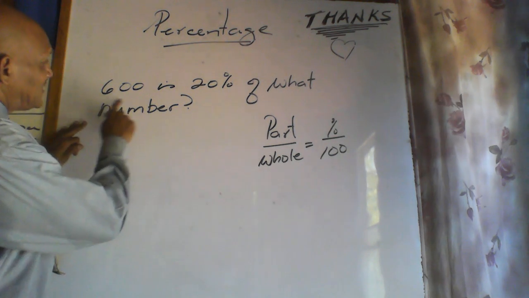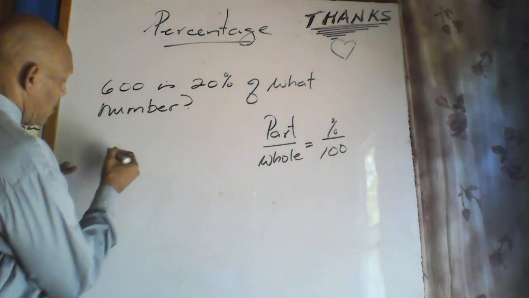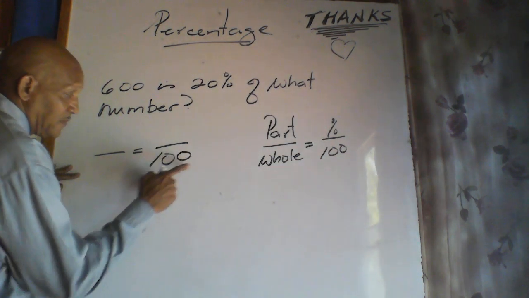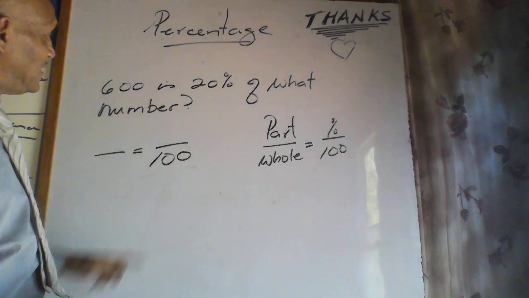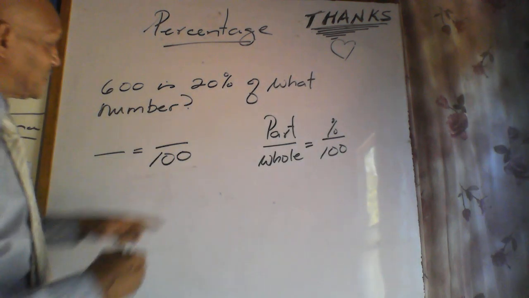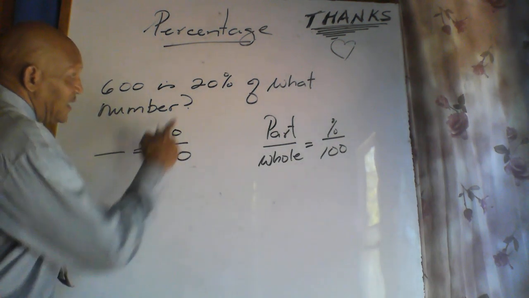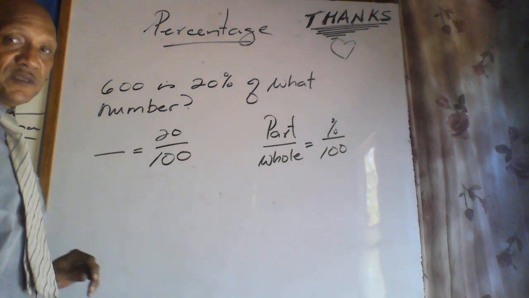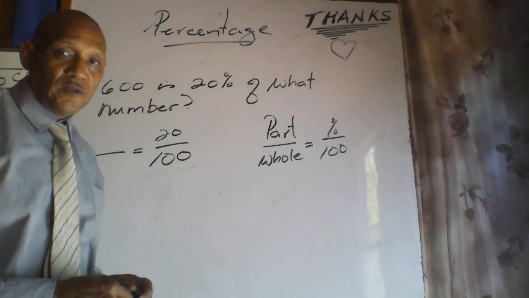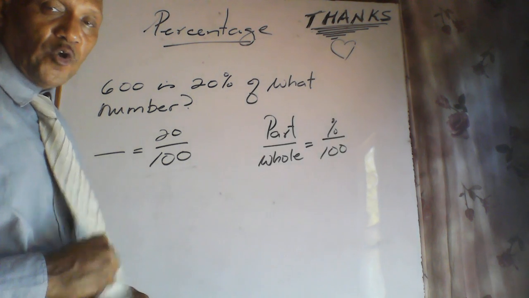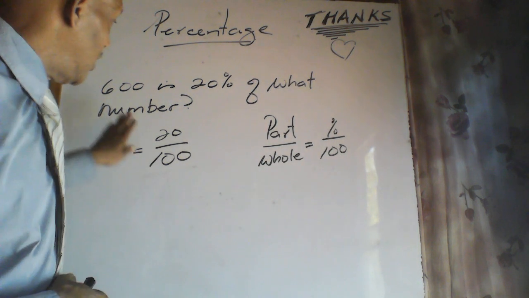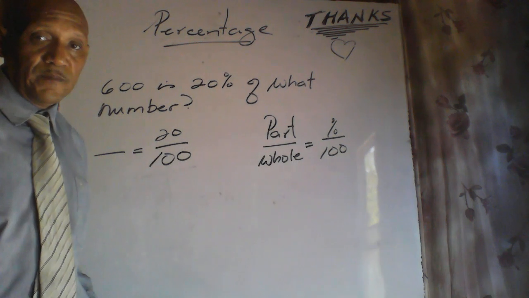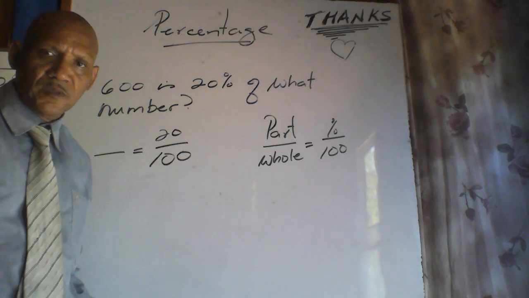So now, 600 is 20% of what number? How would I set that up? I know they gave me 100. Did they give me a percent? Yes, they gave me 20%. Percent goes over 100. This part of the formula is set up. Now I have to set up the part over the whole. What is the whole? Most of us would jump and put 600 as the whole. It's such a big number.